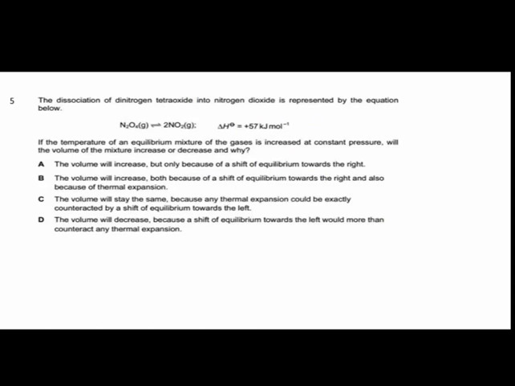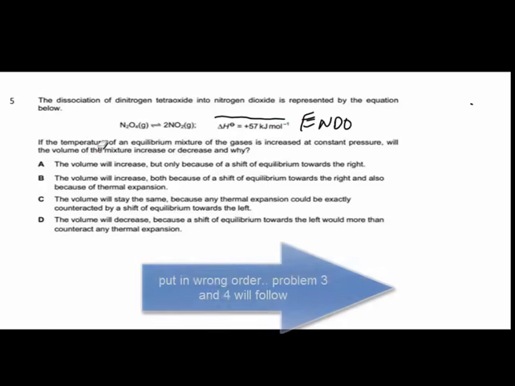A couple of things are going on in this problem. We're looking at what actually takes place here. How do I know it's endothermic? Here I have a positive delta H, so I know it's endothermic. So what happens in an endothermic reaction if you increase the temperature?